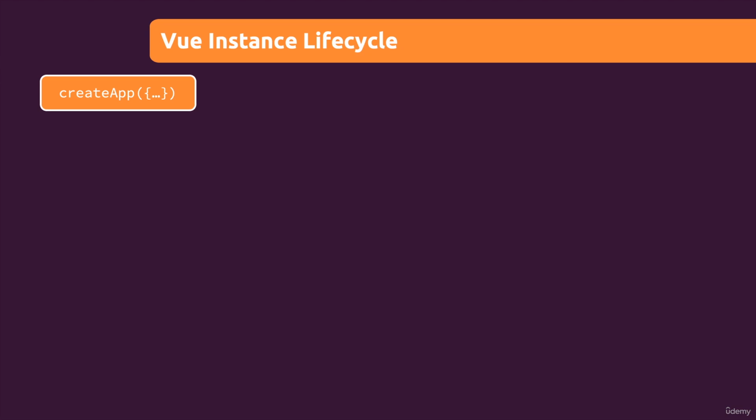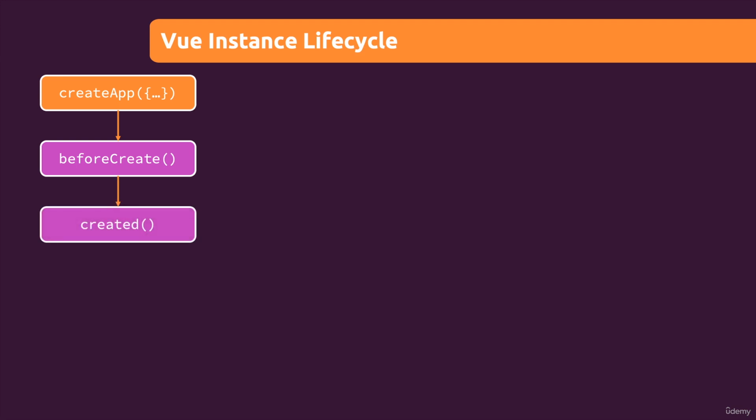Then, when it starts creating the app and starts bringing something onto the screen, it reaches a couple of lifecycle phases, which are also reflected in methods you can add to your Vue app configuration object to run code you might need to run at this point of time. For example, the first lifecycle phase, the first so-called lifecycle hook that is reached, is the beforeCreate phase. It's followed by a created phase.